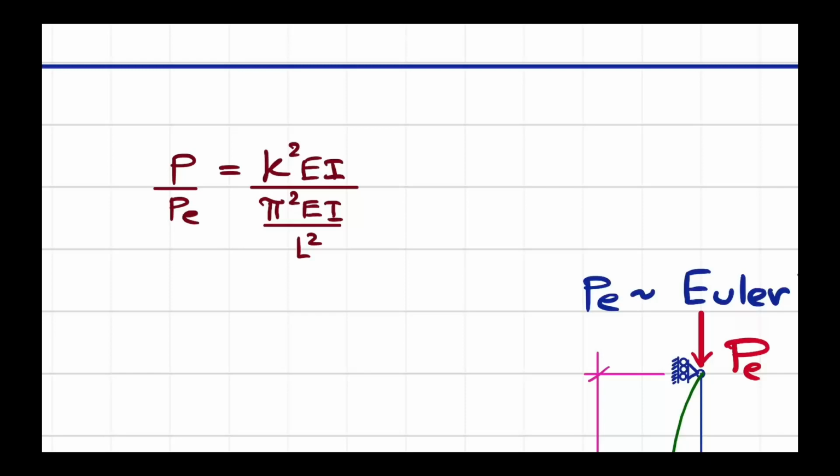You cancel out the EI and EI, and push the L square back up to the top. You have KL square over pi square. Basically, just put KL over pi and square it up.